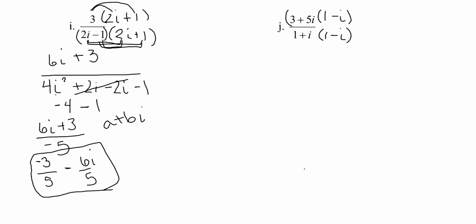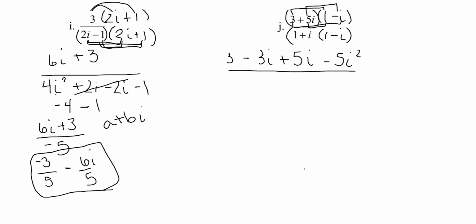So 3 times 1 will give me 3. 3 times negative I will be a minus 3i. 5i times 1 will give me plus 5i. And 5i times a negative I will be a negative 5i squared.